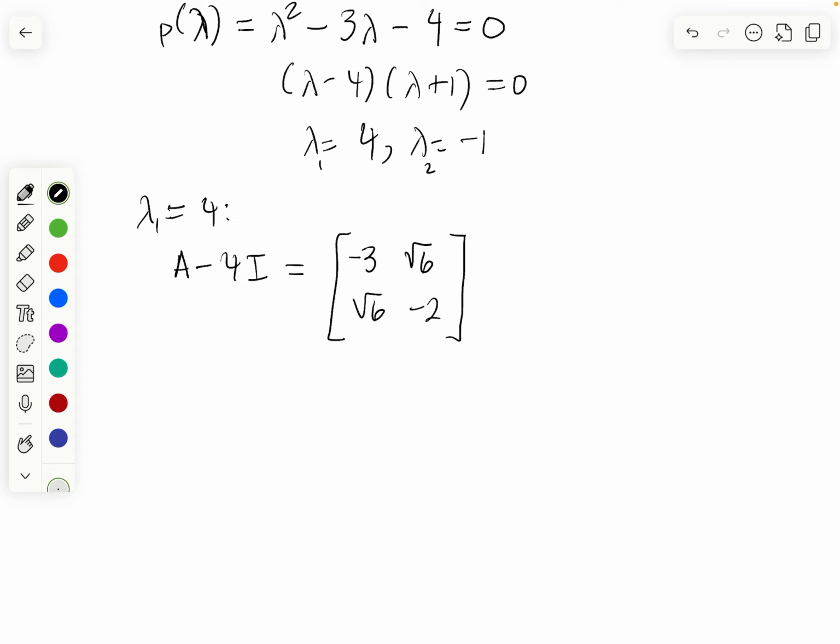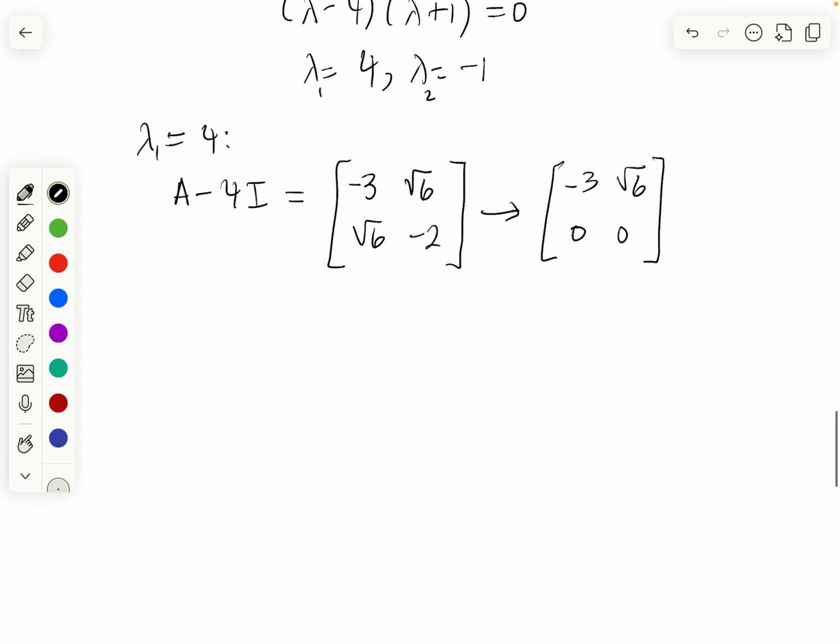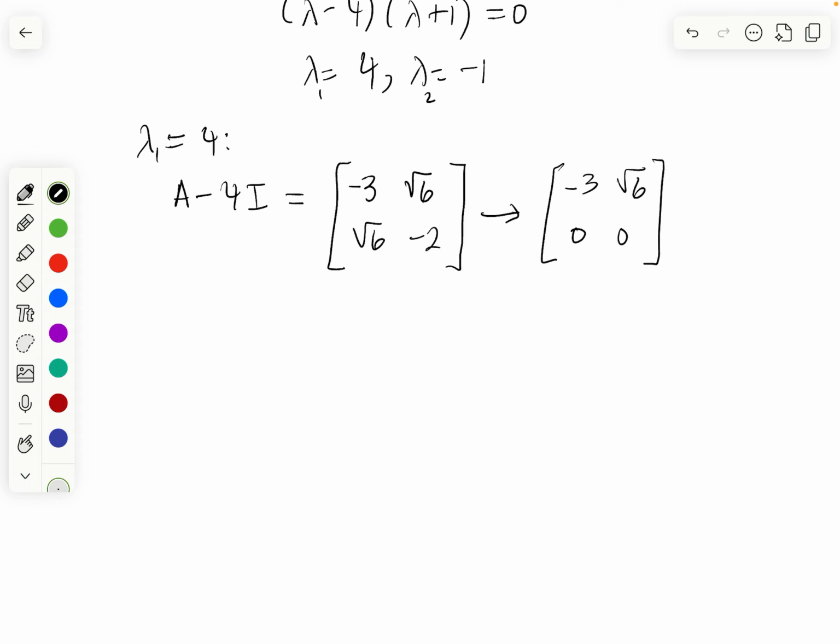The determinant of this matrix is 0. So when you row reduce, you're going to get a 0 row. So you're going to get this. Now we need to solve A minus 4I times x equals 0, 0. Since we row reduced, we can just solve this matrix times x equals 0. And we just need to find a vector that's orthogonal to this first vector.